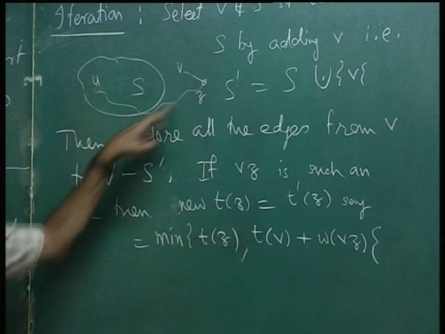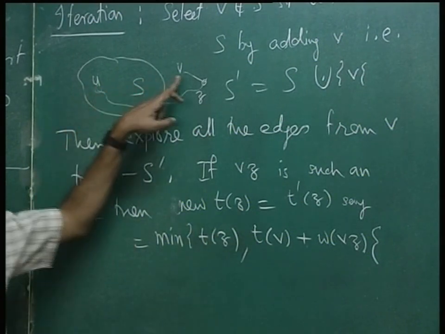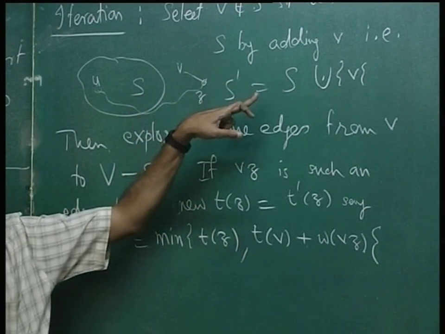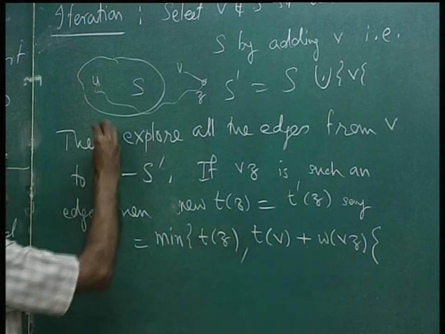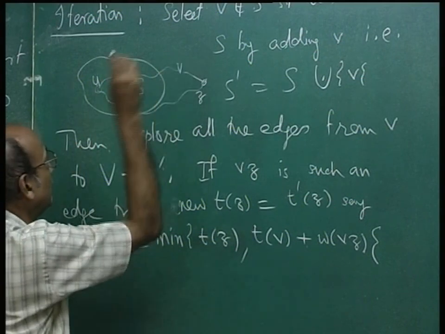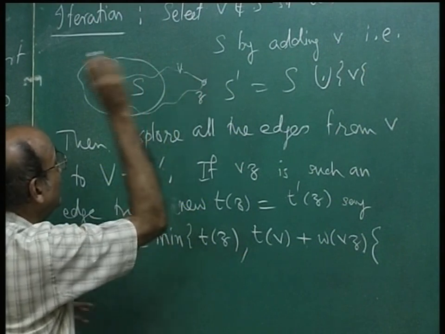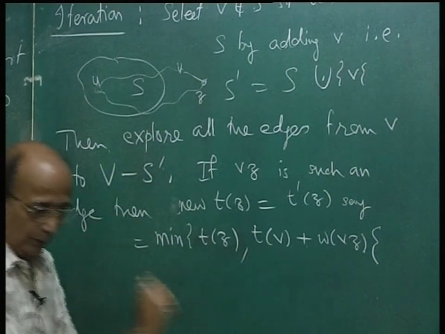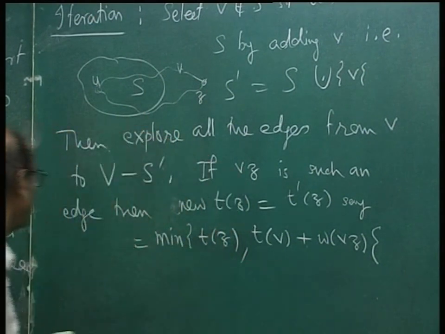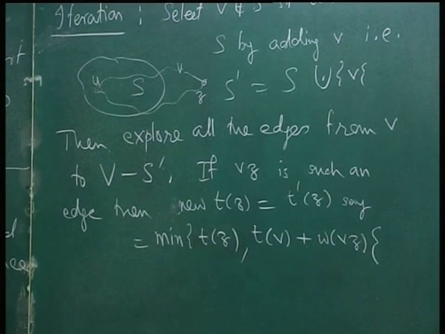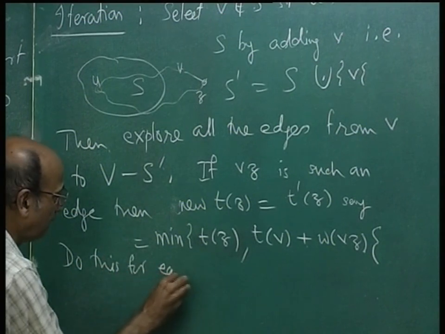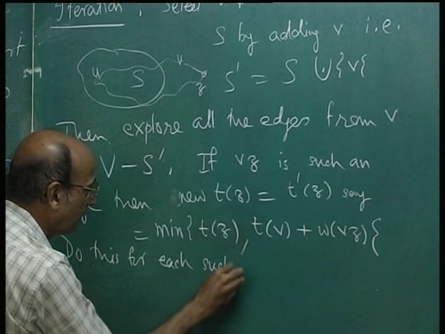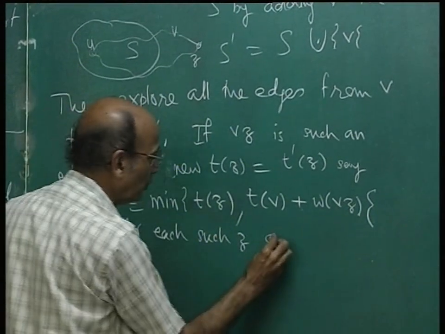In that case, replace that path by this new path which goes through V, because you are better off. There is a different path which uses V and goes to Z. Do this for every Z. And continue.